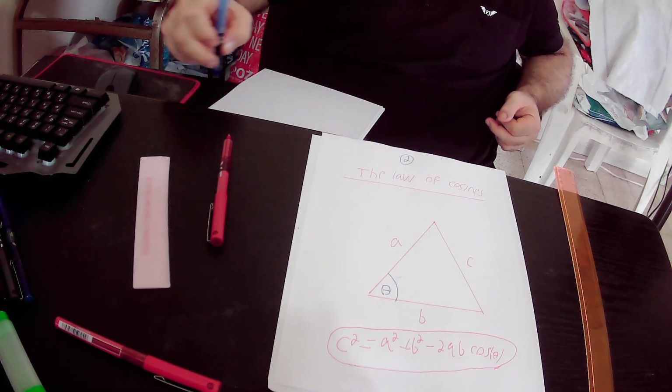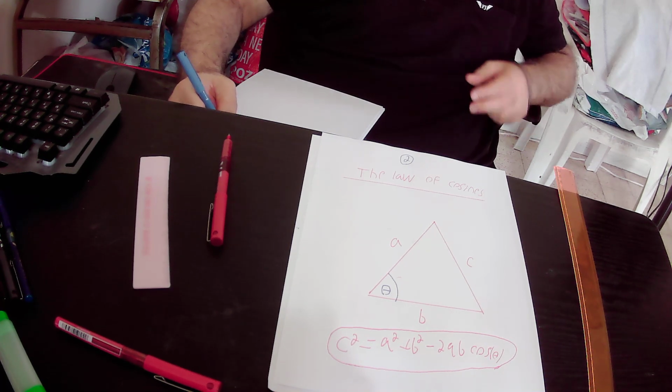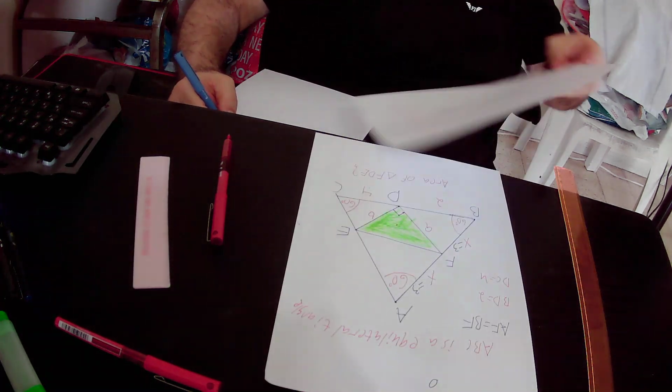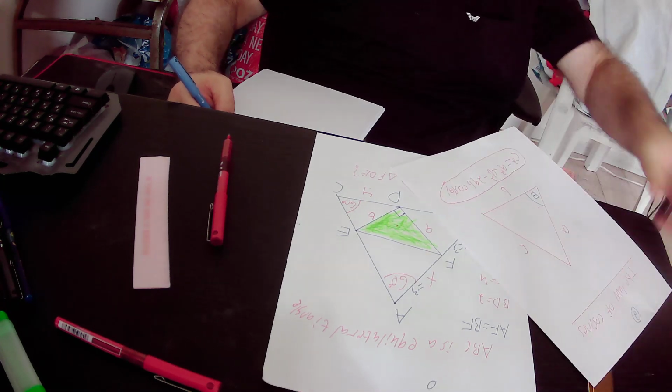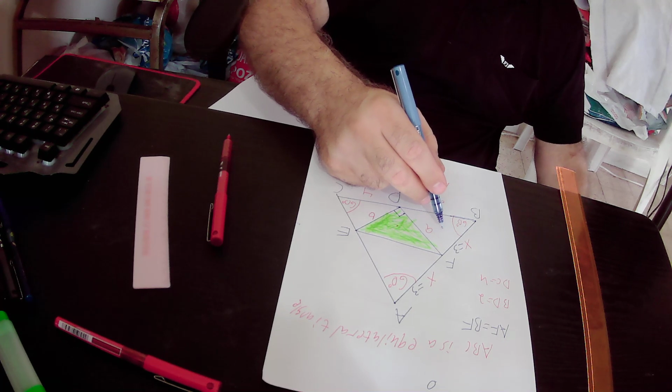Okay, so we actually can implement the law of cosines in the small triangle BFD.